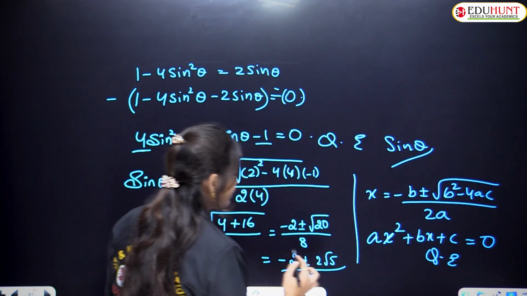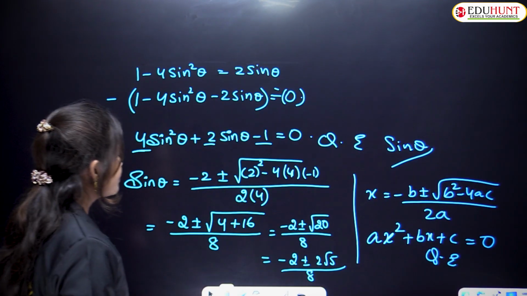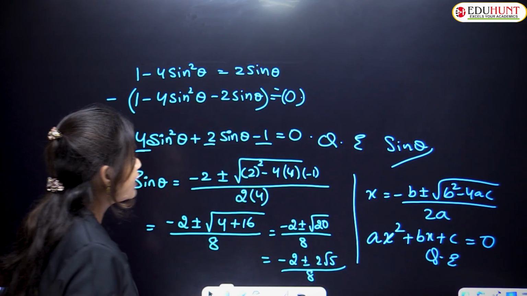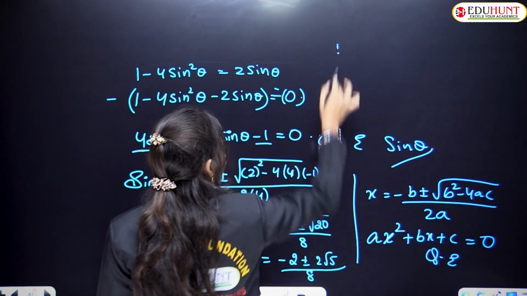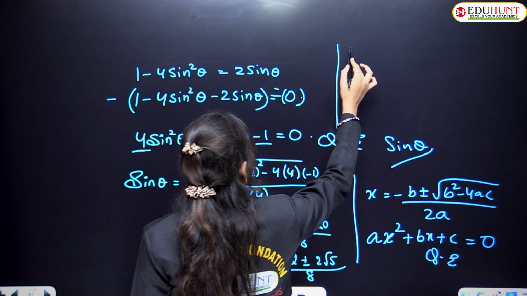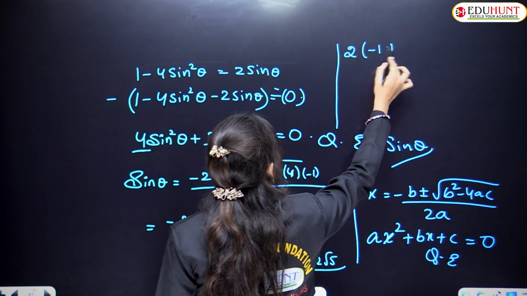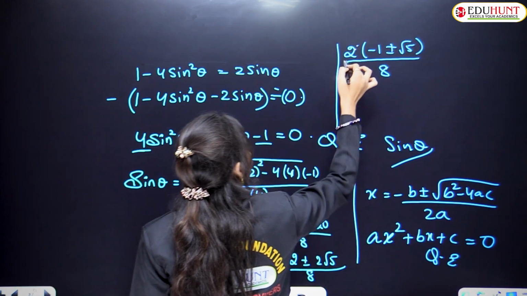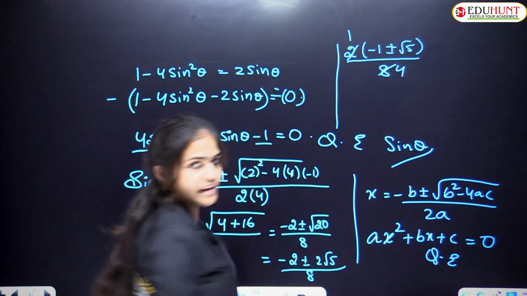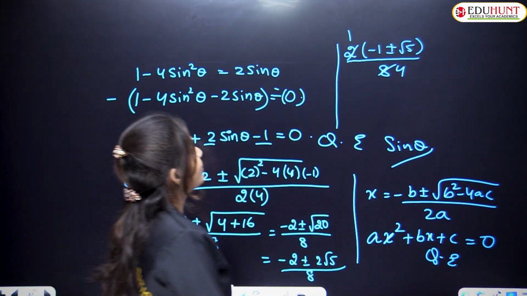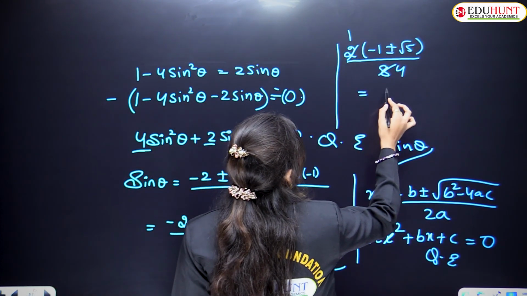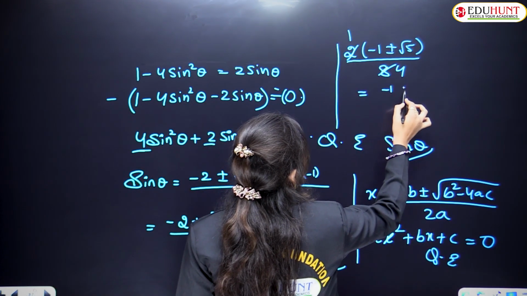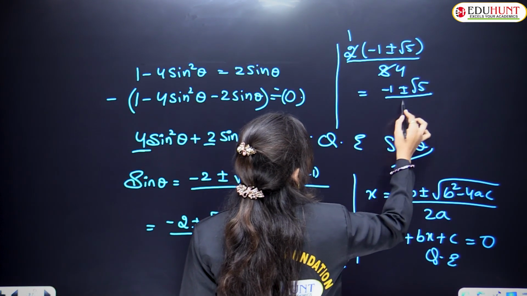Already I told you this, that's why I am saying like this. Taking 2 as common, what will you get? Minus 1 plus or minus square root of 5 whole by 8. So 2 once and here 2 fours. So from this we can write minus 1 plus or minus square root of 5 by 4.